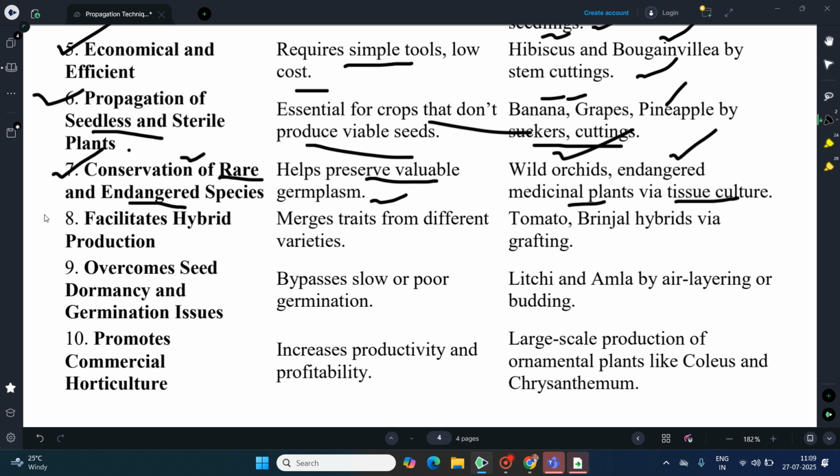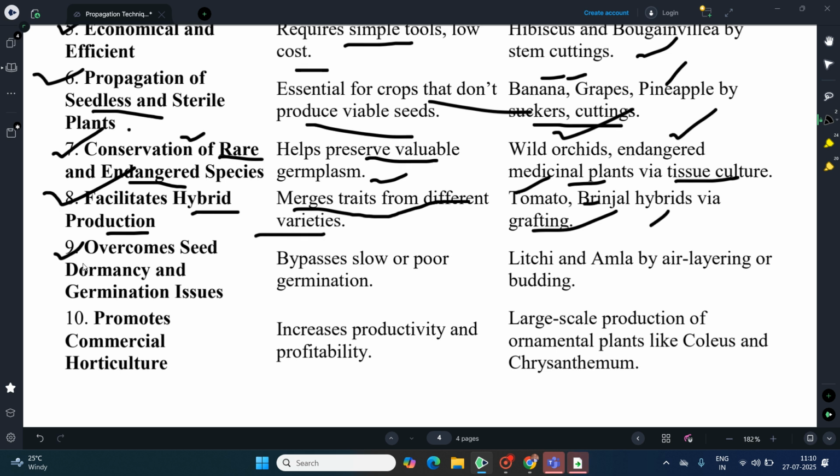And the eighth significance is that it facilitates hybrid production. It merges traits from different varieties. Examples: tomato and brinjal hybrids through vegetative propagation like grafting.